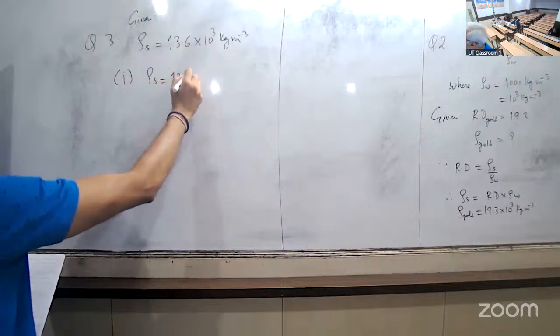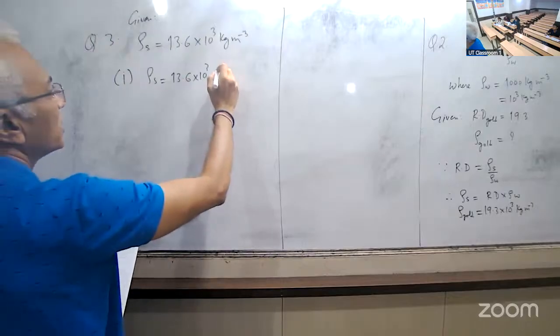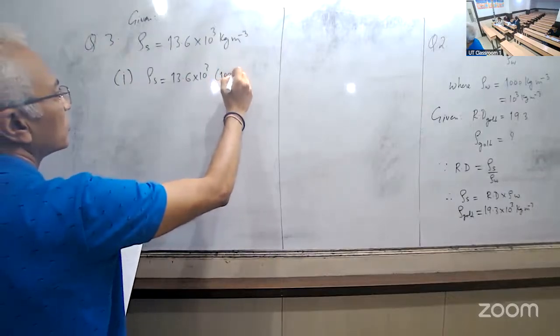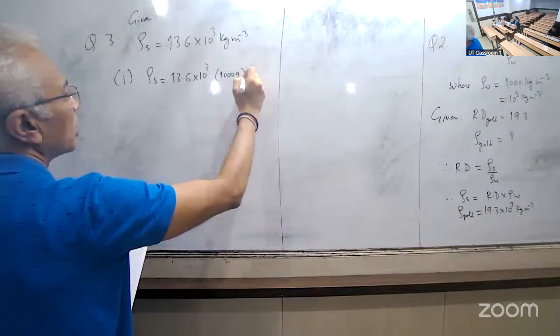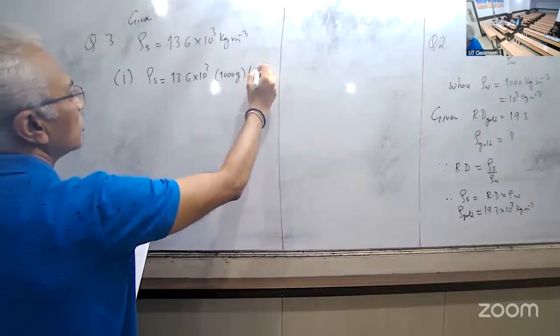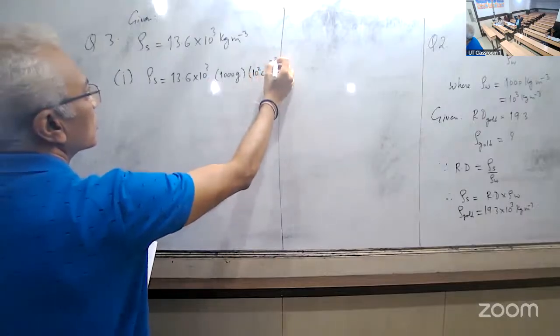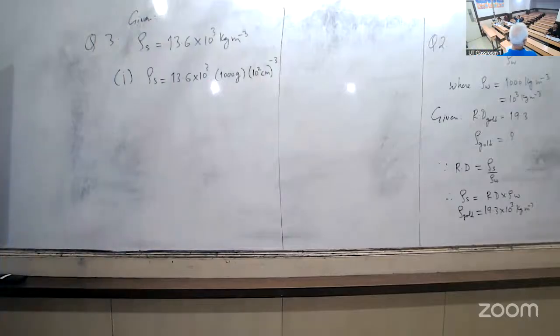So 13.6 into 10 raised to 3. 1 kg is 1000 gram. And 1 meter is 10 raised to 2 centimeter. Right? A meter is 100 centimeter.